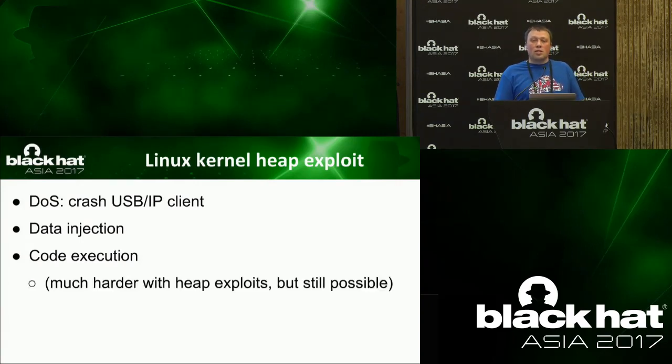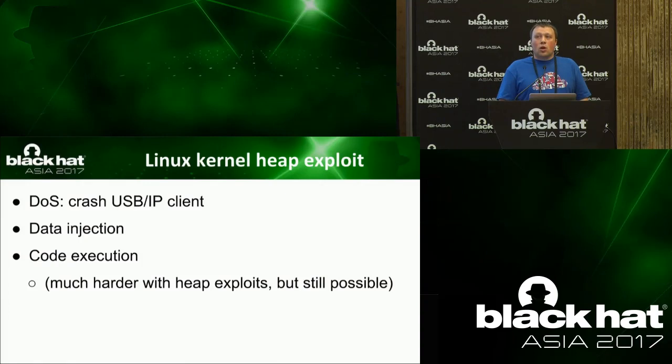Code execution is much harder here than if you have a stack. In the case of stack exploits, it's easy: you just override the return address of the function and your code is being executed. With kernel heap exploits, due to the random nature of memory allocators, it's harder, but it's still possible.